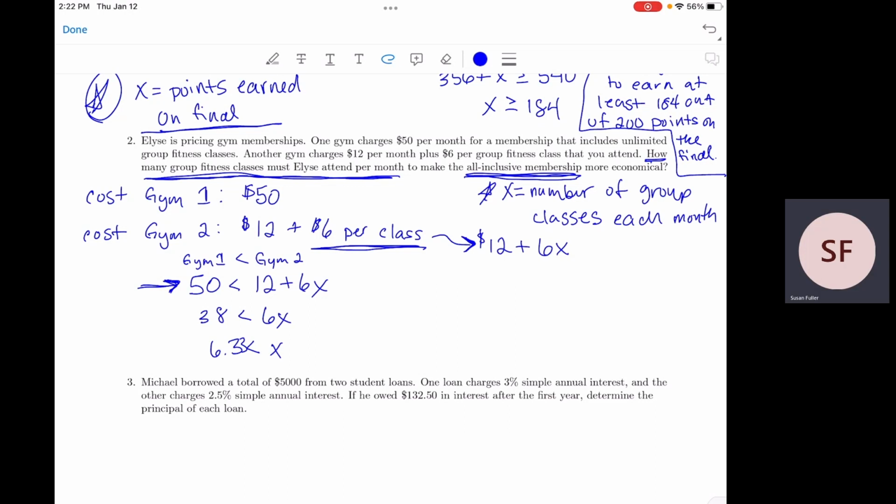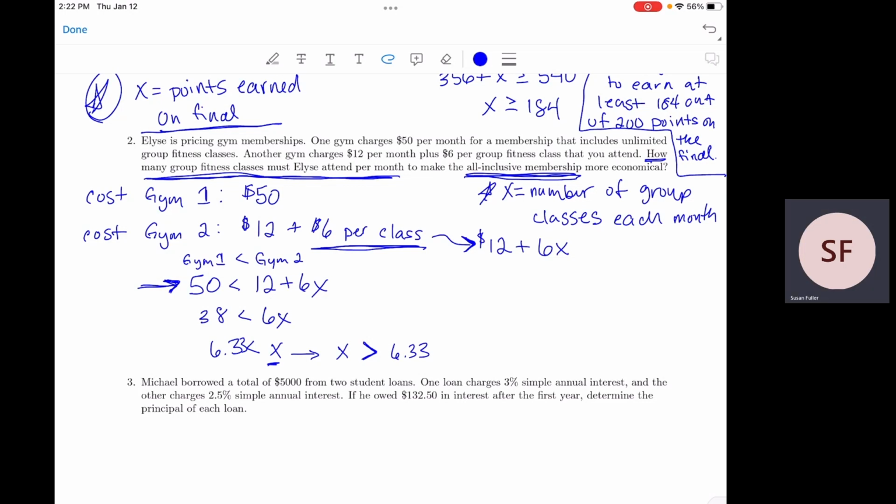Again, my brain has trouble when the variable's on the right, so I'm going to flip this around so that my x is on the left and that 6.33 is on the right. When I switch everything around, my inequality symbol needs to be eating the bigger one, which is x. And so this means x has to be greater than 6.33.